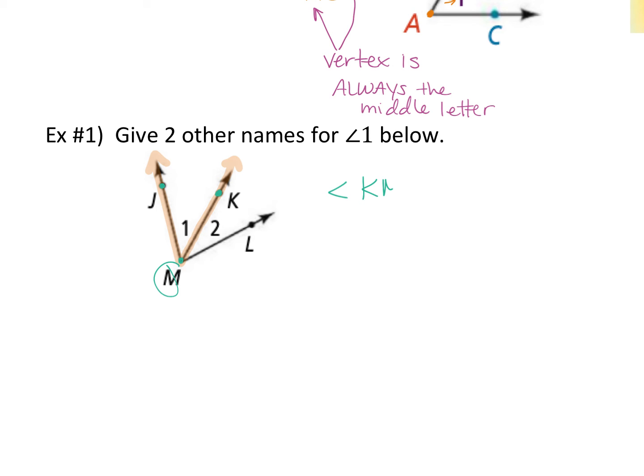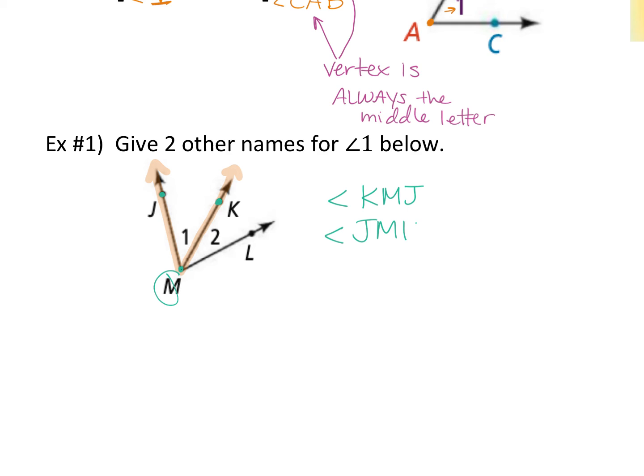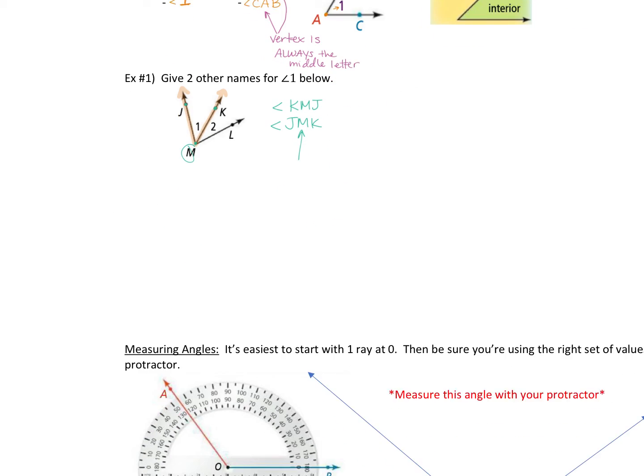So KMJ would be angle 1. Xavier, you want to try the other one? JMK. Okay, those are the only other 2 ways to name angle 1. All right? So 3 letters, vertex has to be the middle one. Good on that? Okay.